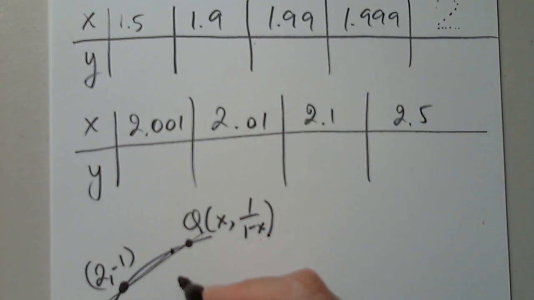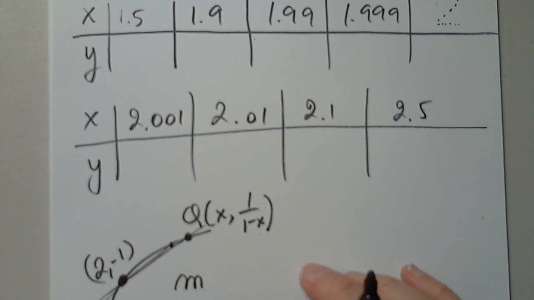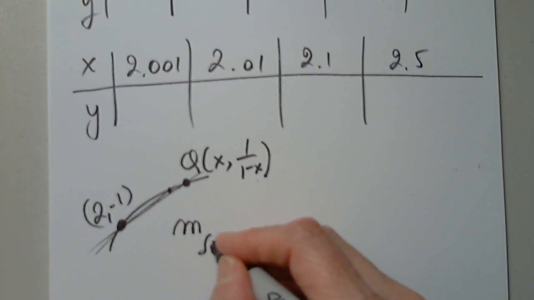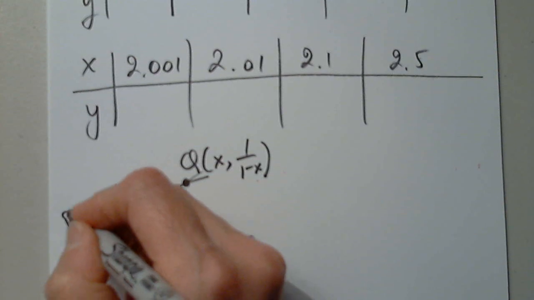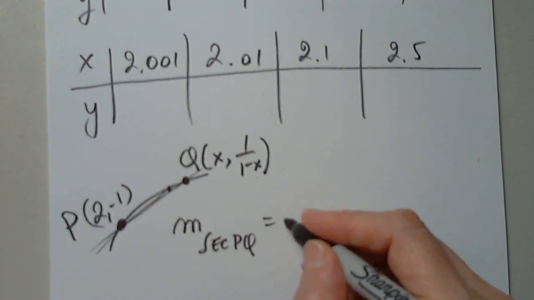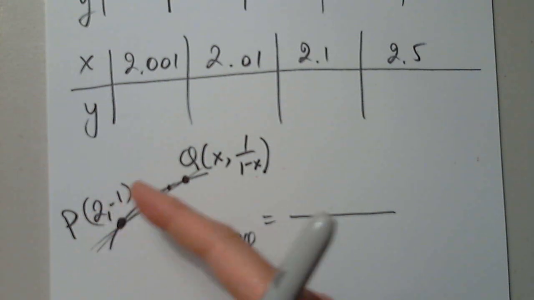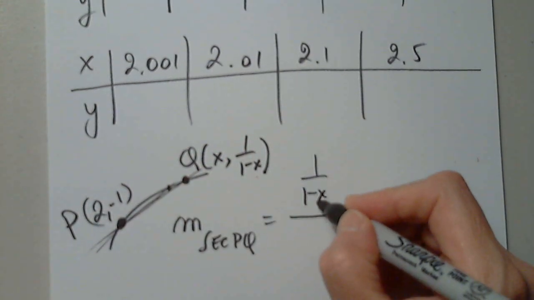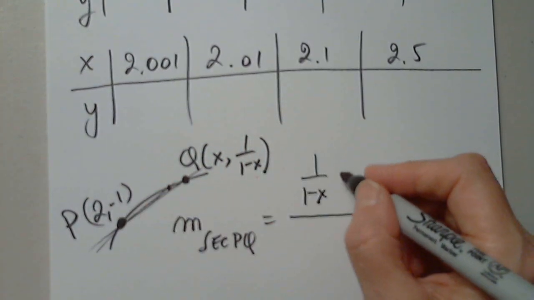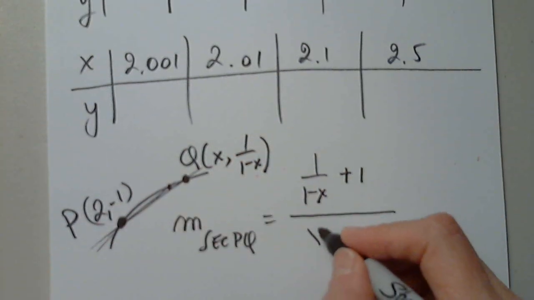Okay? So in order to determine the slope of the secant line PQ, so this is P, all we have to write is y2 minus y1 over x2 minus x1. So 1 over 1 minus x minus -1 divided by x minus 2.